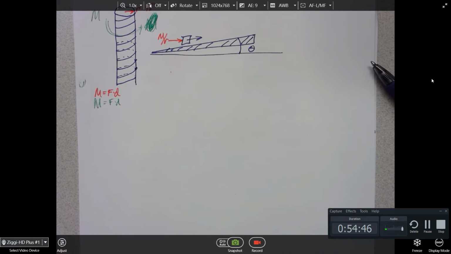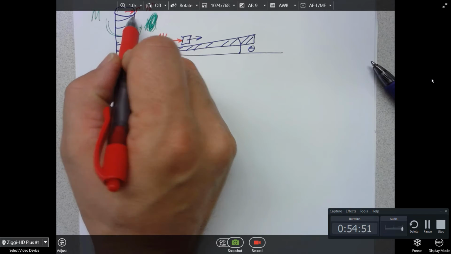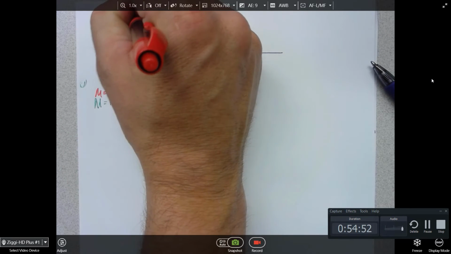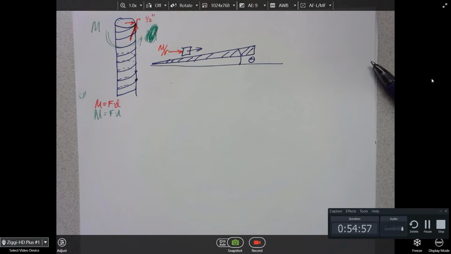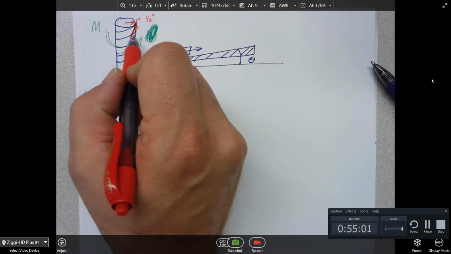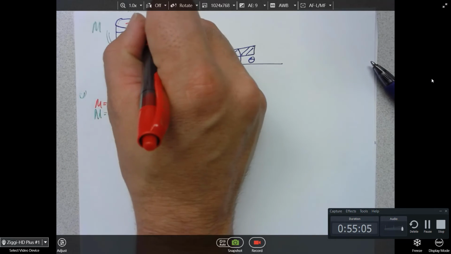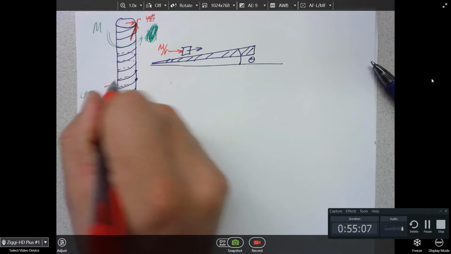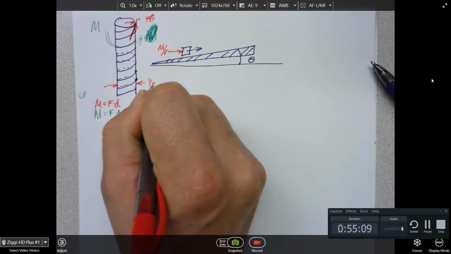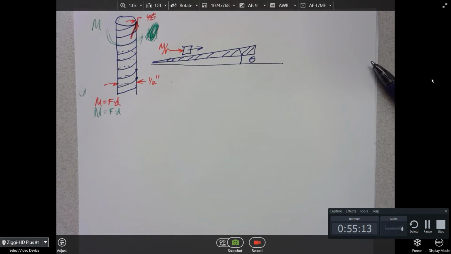So to get that same moment of 10 inch-pounds, what would my force have to be, right there, tangent? If I need to generate 10 inch-pounds of moment with only a 1/4 inch radius, we're saying this is a half-inch bolt, and so the radius is 1/4.